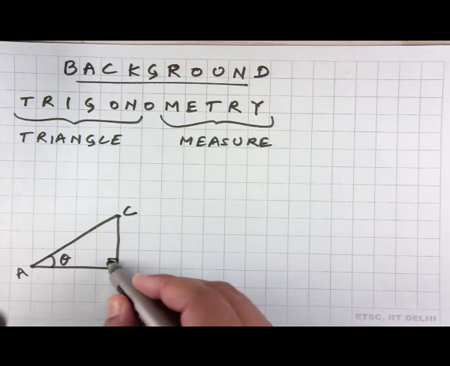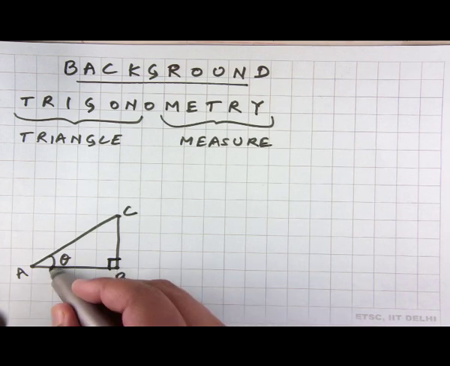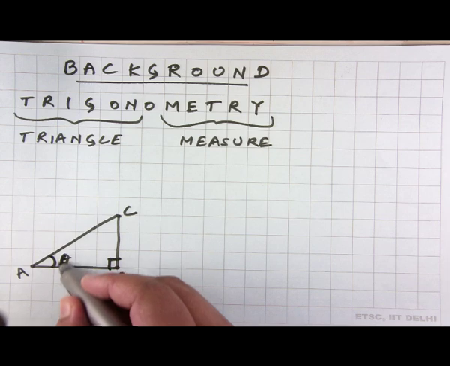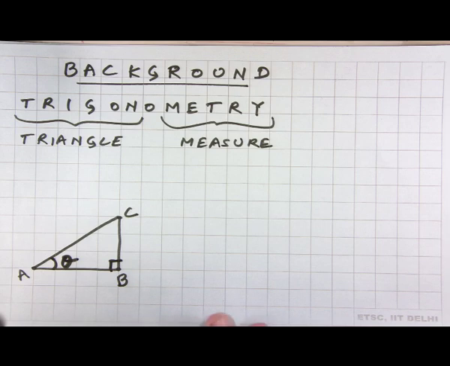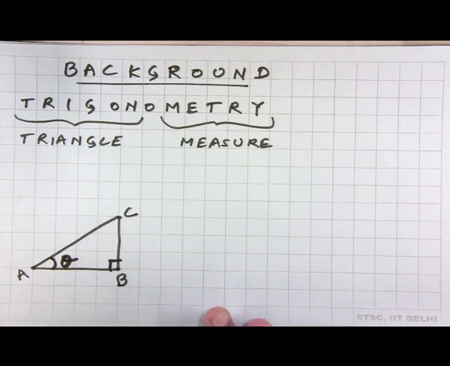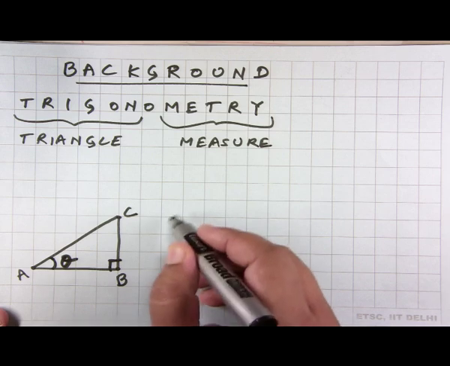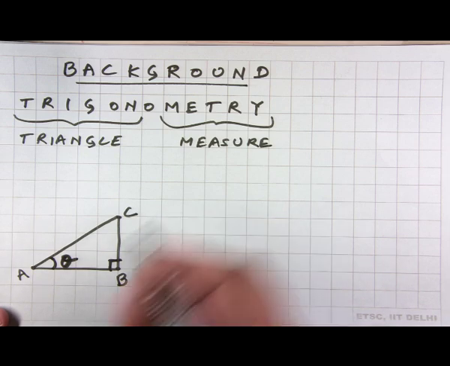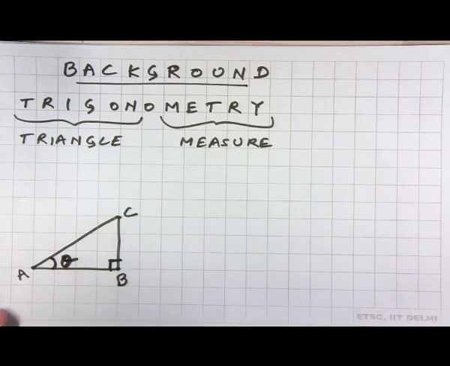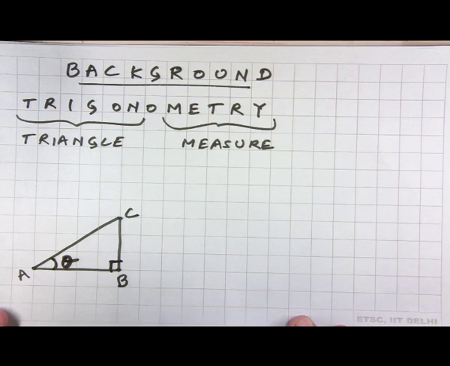So, this is 90 degrees, let this angle be theta. You would have studied in your 10th standard where you would have defined your trigonometric ratios, for example, cos theta, sin theta and tangent of theta.